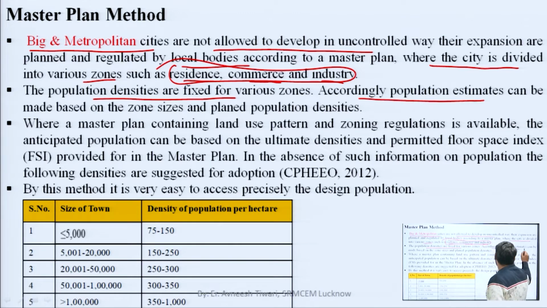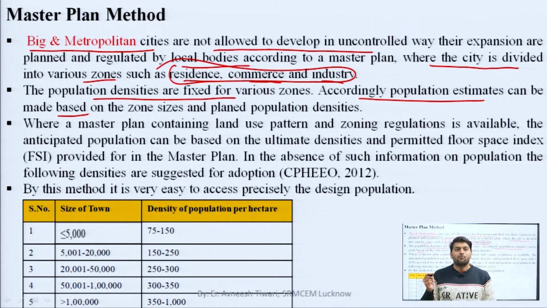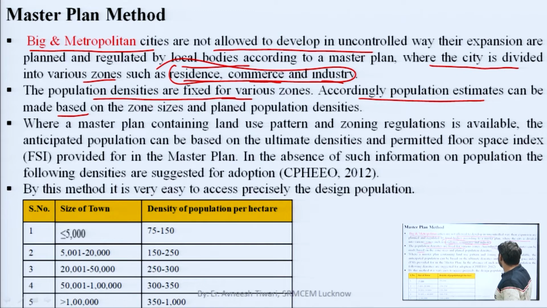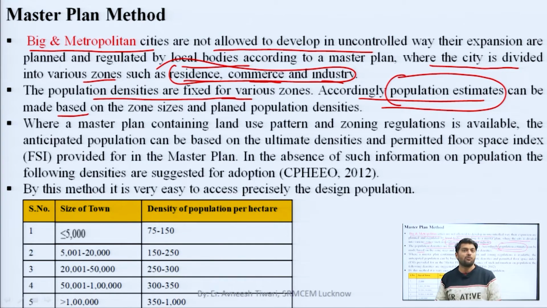Accordingly, population estimates can be made. If population densities are fixed for different zones, then using that population density we can easily estimate the population. Means if we know the population density, we can calculate the population for that particular area.